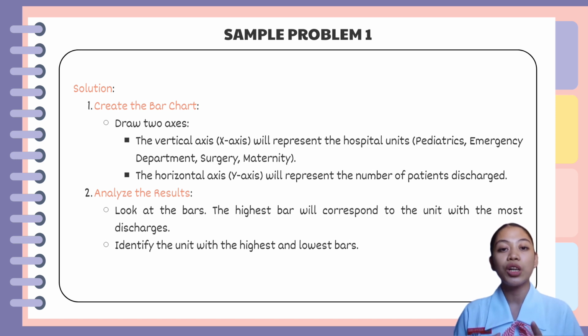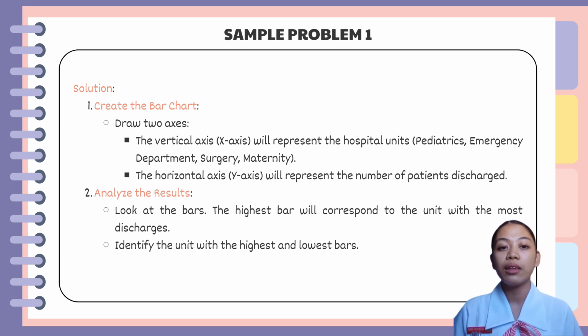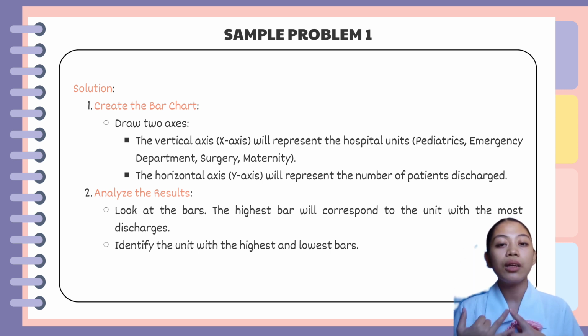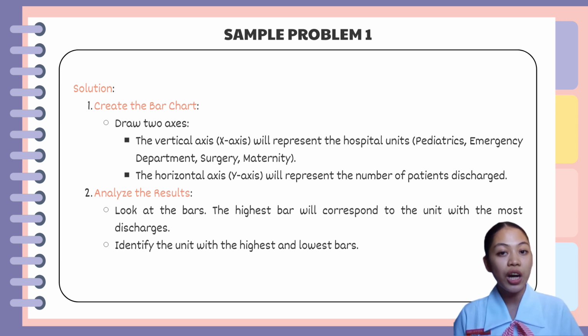First, create the bar chart. Draw 2 axes. The first axis is the vertical axis that will represent the hospital unit, which are the pediatrics, the emergency department, the maternity, and the surgery, while the horizontal axis represents the number of patients discharged.